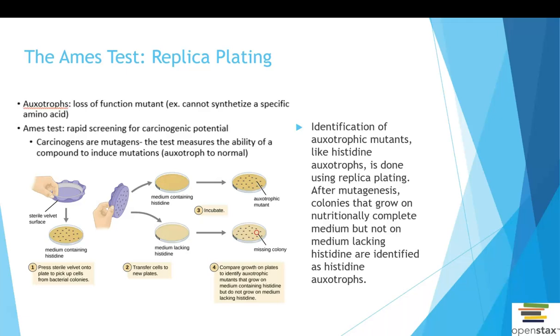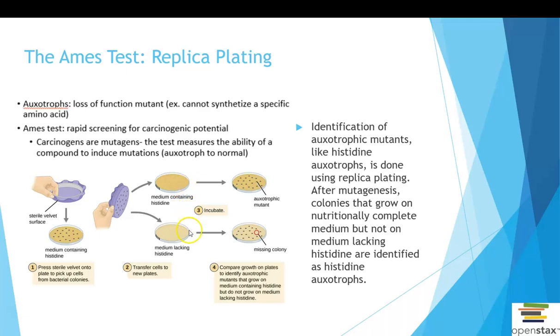So they're going to culture the bacteria exposed to that chemical or to that drug, and then they're going to use a velvet. The media, for example, has specific amino acids such as histidine. They press the velvet onto the bacterial colonies, so it prints the pattern of the bacterial growth on the velvet.